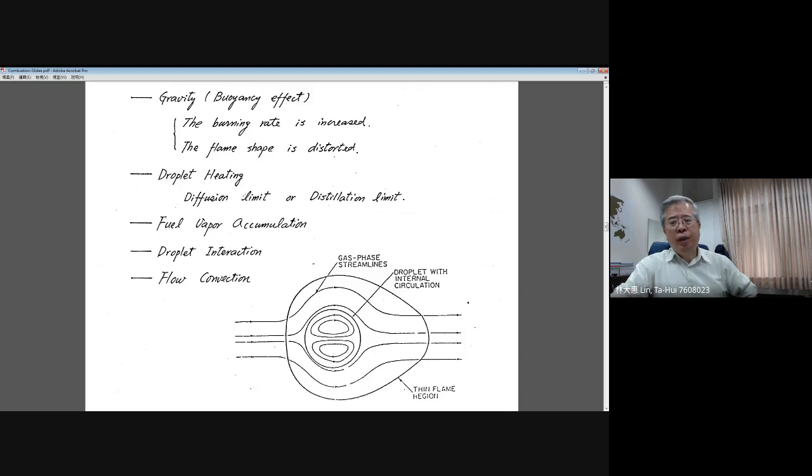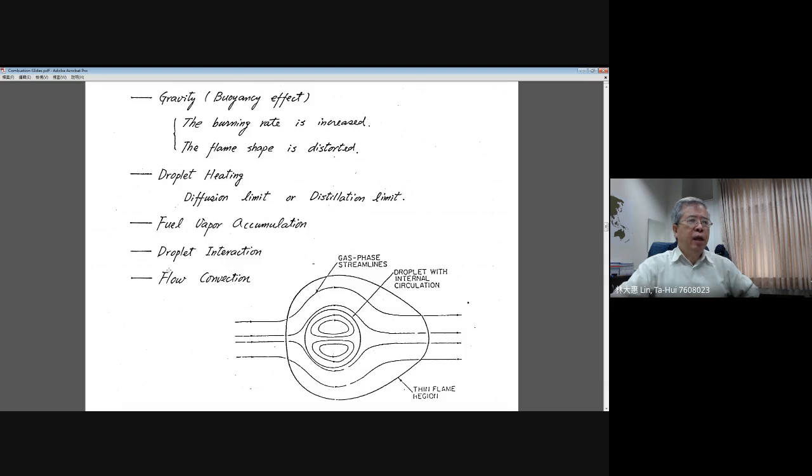But in general applications, droplet heating only occurs in a short time. Usually you can neglect it, and you will not have too much difference. And I mentioned there is some vapor accumulation before, which will change the flame position locations.